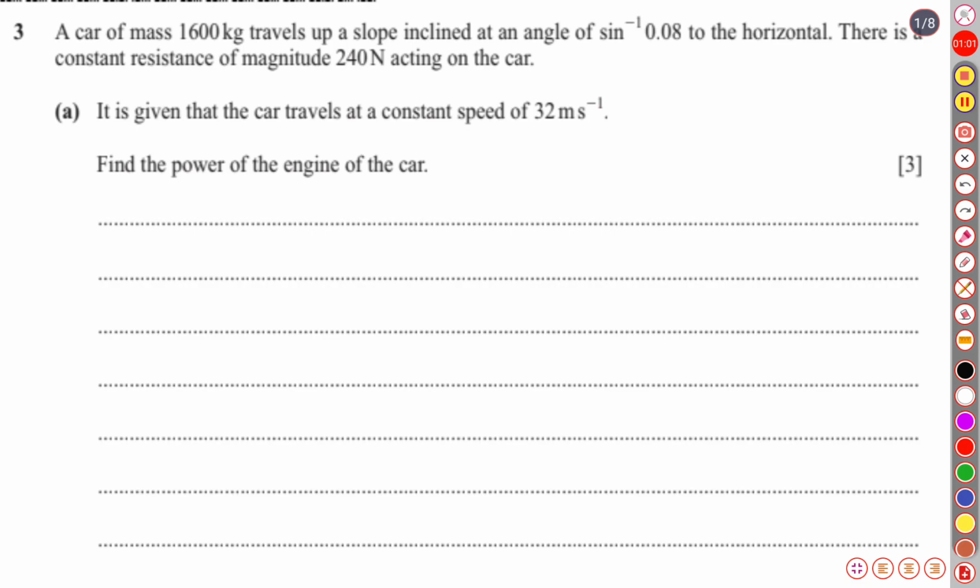Before starting our solution, let us draw a diagram of the scenario. Suppose this is the horizontal ground and the car is moving like this, and this is the normal reaction. After that, weight is acting downward.